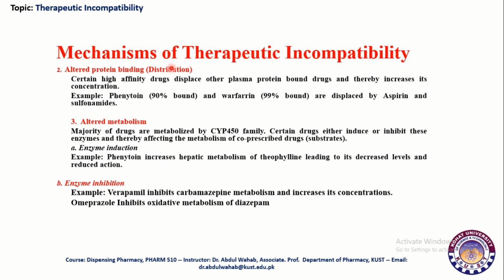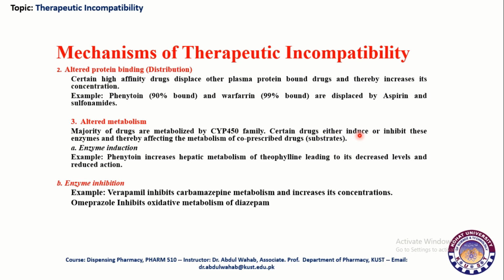Altered protein binding, which means altered distribution. Certain high affinity drugs displace other plasma protein bound drugs and thereby increase their concentration. For example, phenytoin, 90% bound, and warfarin, 99% bound, are displaced by aspirin and sulfonamides. Altered metabolism. The majority of drugs are metabolized by the CYP450 family.